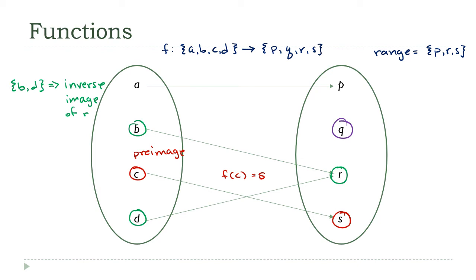It doesn't have a pre-image. Right? There's no value in the domain that's matched with it, which is fine. The definition only requires that every value in the domain has to have a matching codomain value, not the other way around.